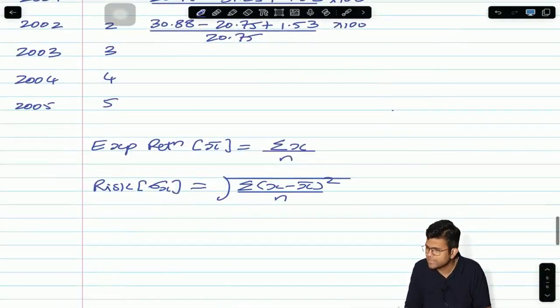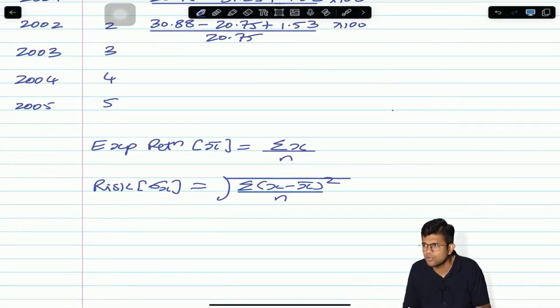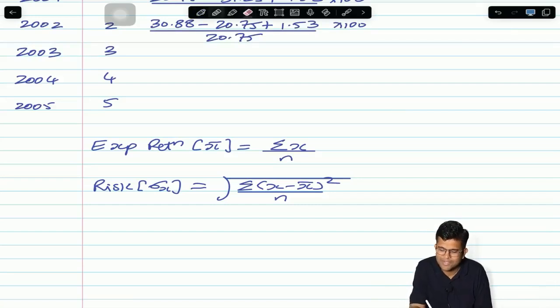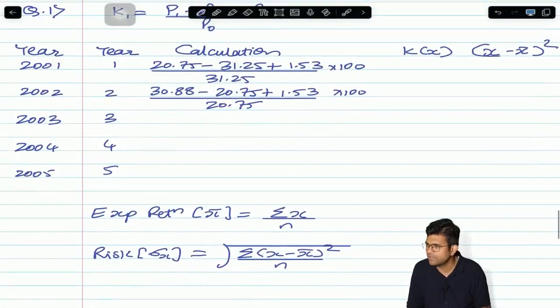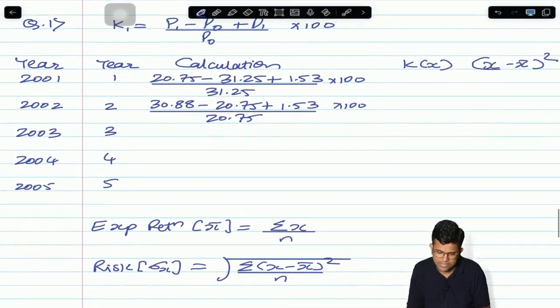Why are we doing this? Because they asked you to calculate risk, no? How risky is the share? Then why are you calculating X bar, sir? Because without X bar, how can you find sigma X, no? Everyone clear? Would you like to try this? You know everything. Historical past data calculation. Okay, start please. Question 1.